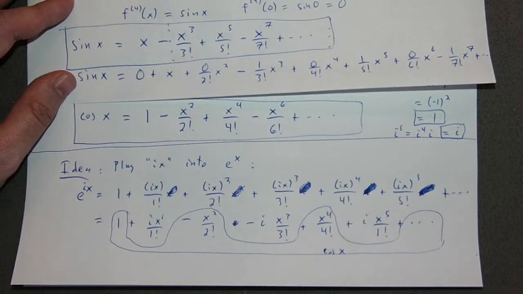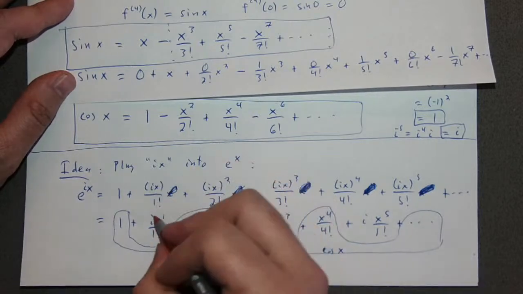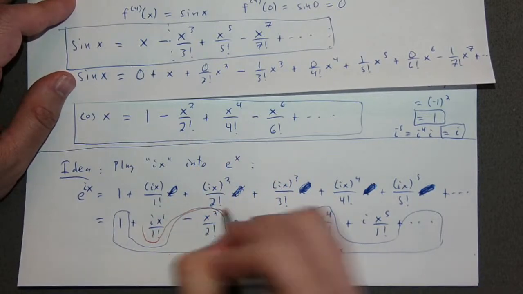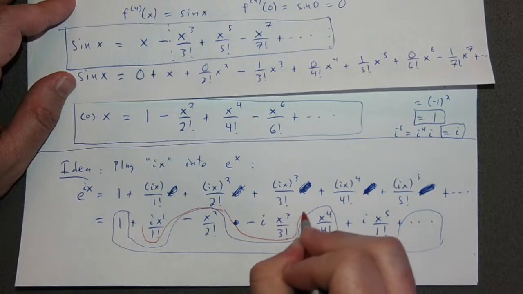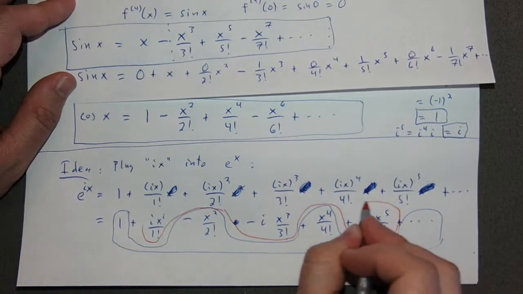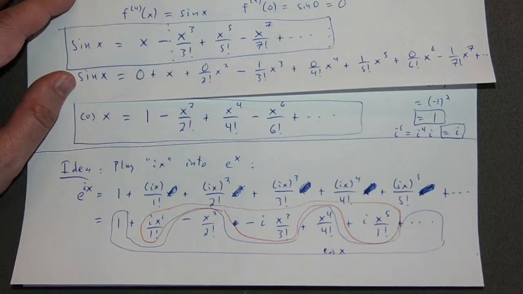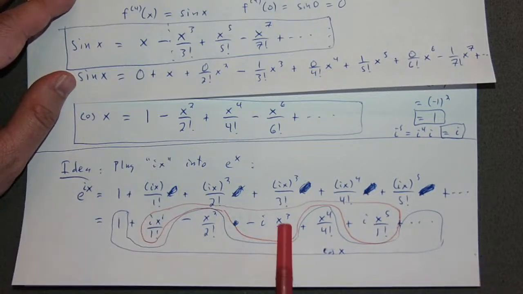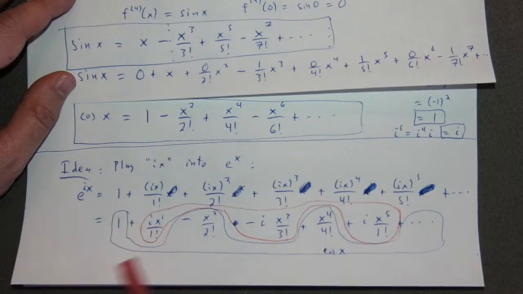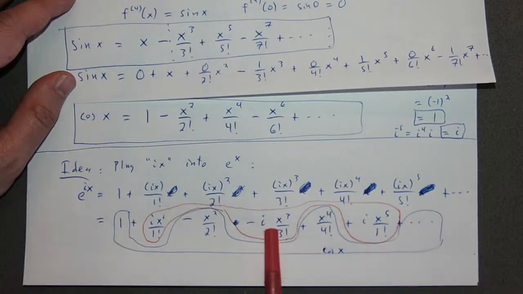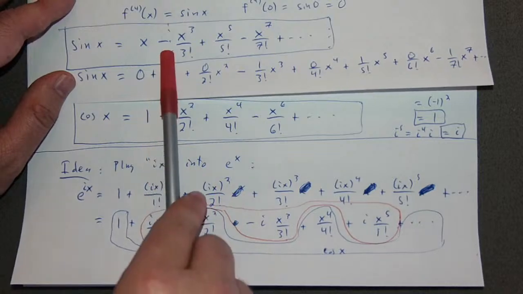What if I circle the odd terms? Well, those are the odd terms. They have this extra i on them, but ignoring the i, the minus sign even matches up.